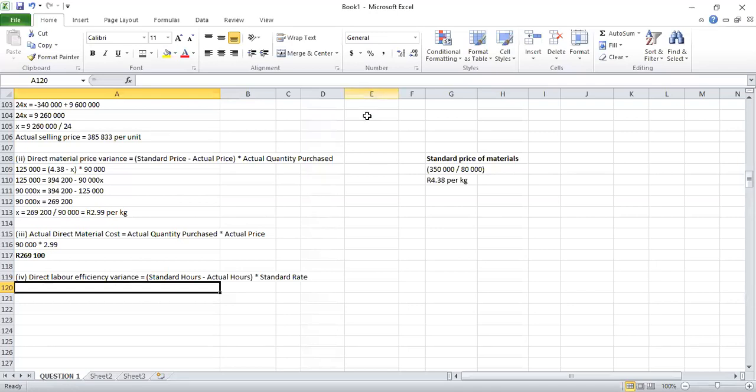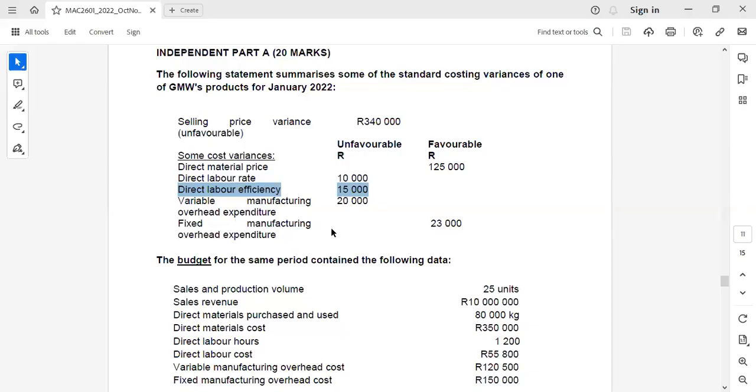The efficiency variance was given here as 15,000 unfavorable.